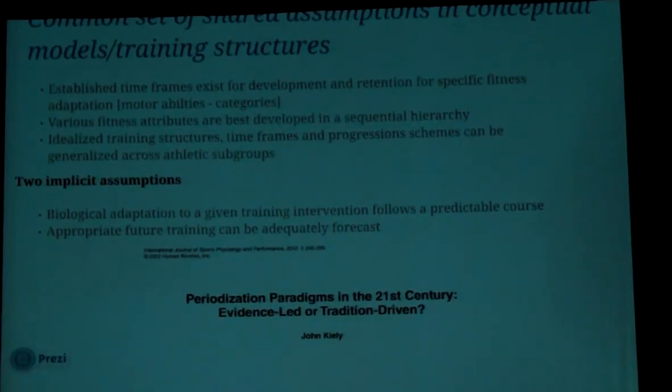And we also believe that there are some idealized training structures, time frames, and progression schemes that should be done with everyone. So, usually someone asks you, how much do I need to be in a speed endurance zone? How much do I need to do it? Maybe 3 or 4 weeks. You don't know. You need to start with your knowledge, but eventually you need to adapt it to who you're working with.